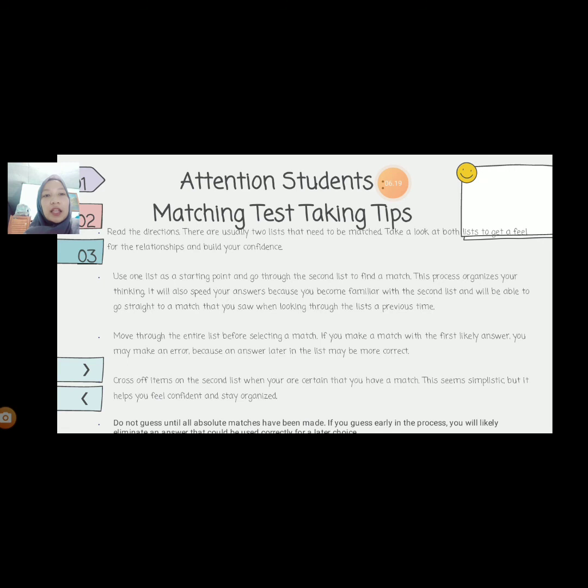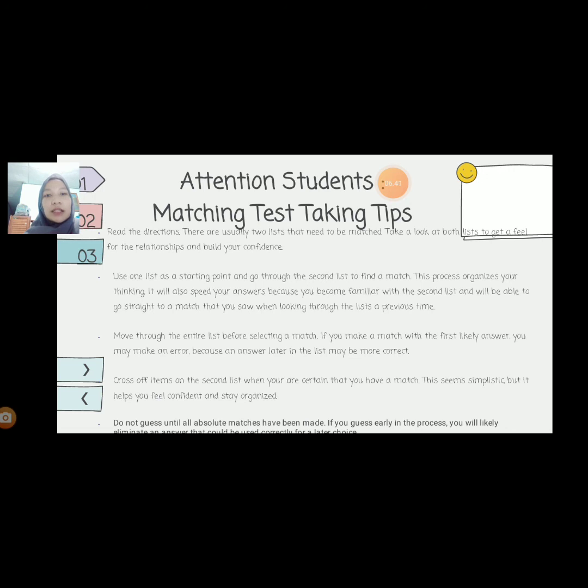And the last, attention students, matching test taking tips. First, read the directions. There are usually two lists that need to be matched. Take a look at both lists to get a feel for the relationship and build your confidence.